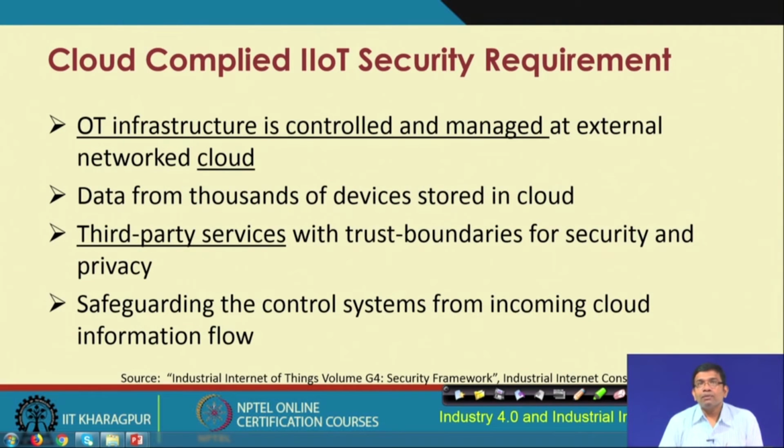Now, whenever you are talking about a third party service, you have to extend your existing trust boundaries to include the security and privacy issues that exist with those third party services, and you also have to safeguard the control systems in your IIoT from the incoming cloud information flow, because it should not happen that there is some sneaking in through the cloud due to some cloud vulnerability, and there is some attack on the industrial machinery that is supposed to operate properly.